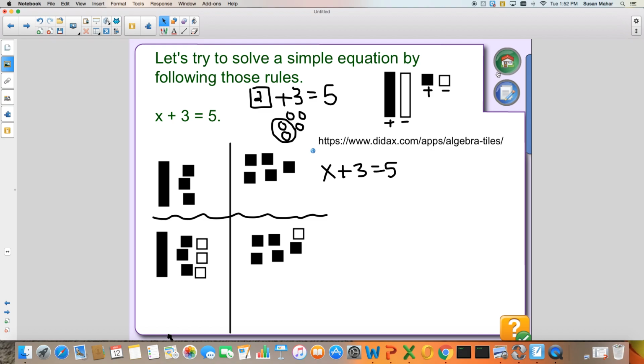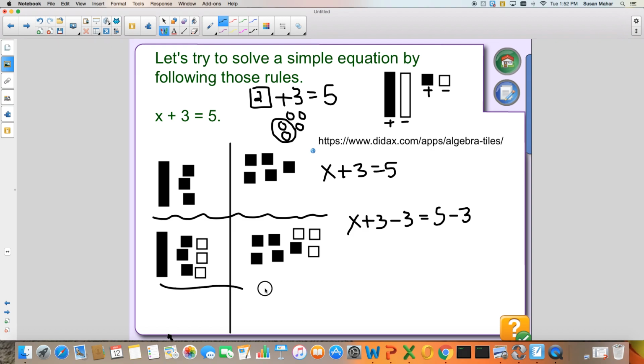So here's 1, 2, and 3. And what am I going to write next to this? X plus 3, negative 3 equals 5 subtract 3. Okay? So this is what I've done.